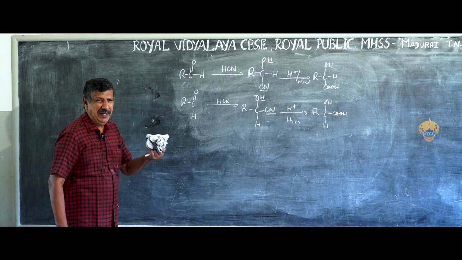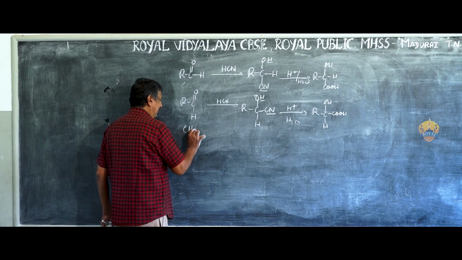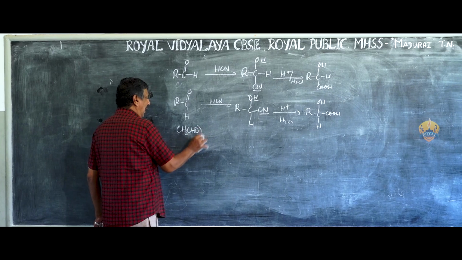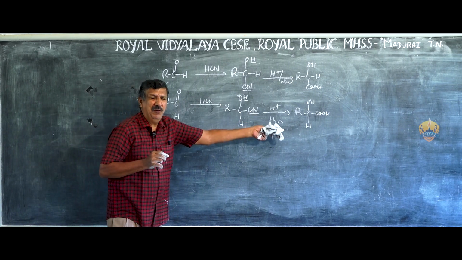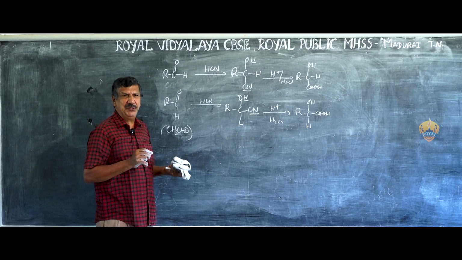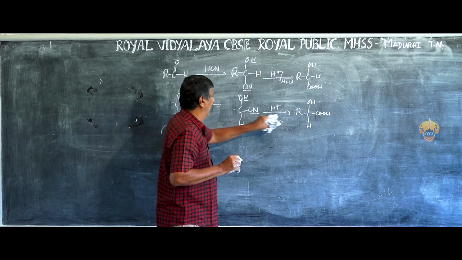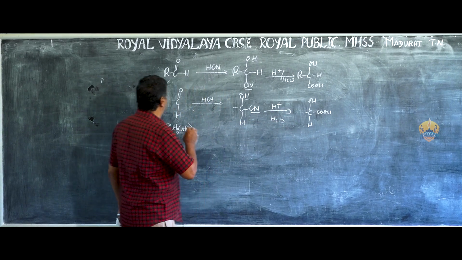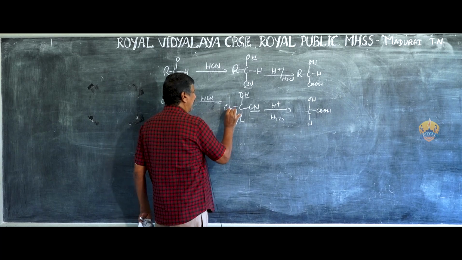If somebody asks you for acetaldehyde, how will he ask you? Acetaldehyde with HCN followed by hydrolysis, what should you do? You change all the R into CH3. That's all.